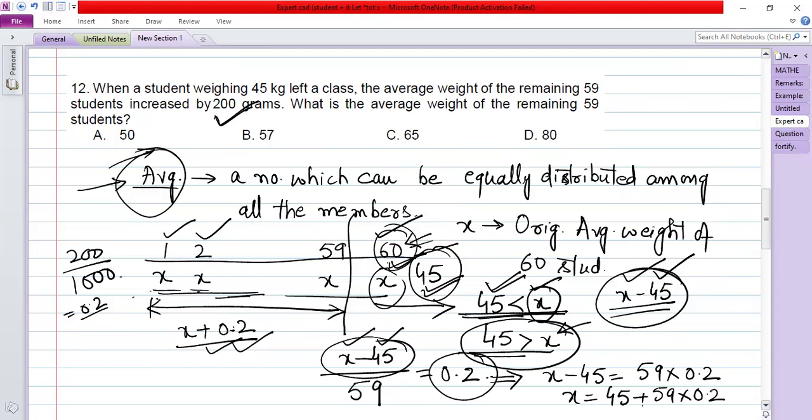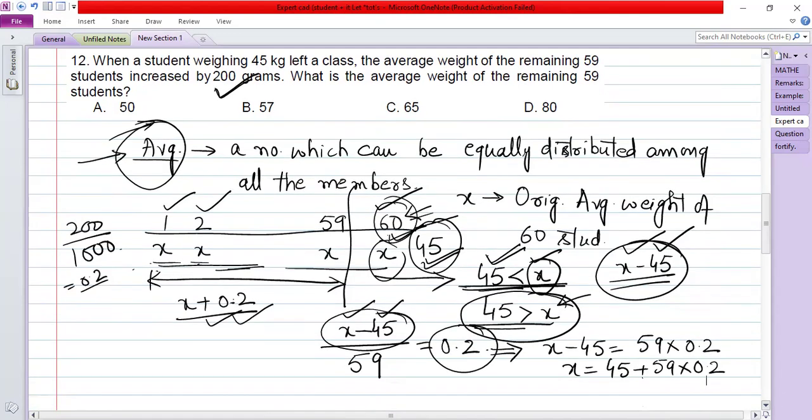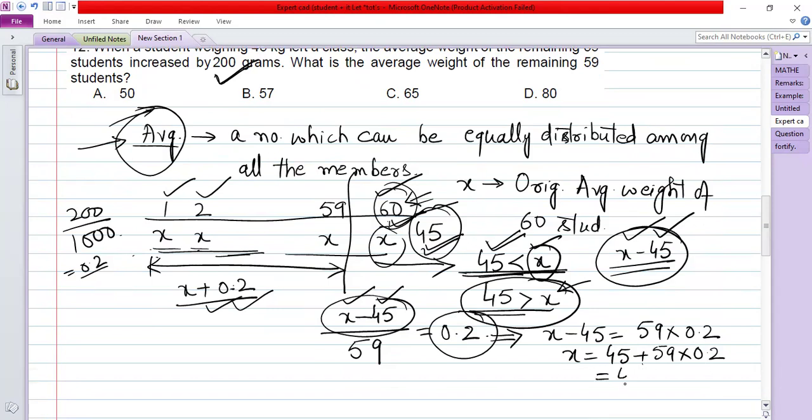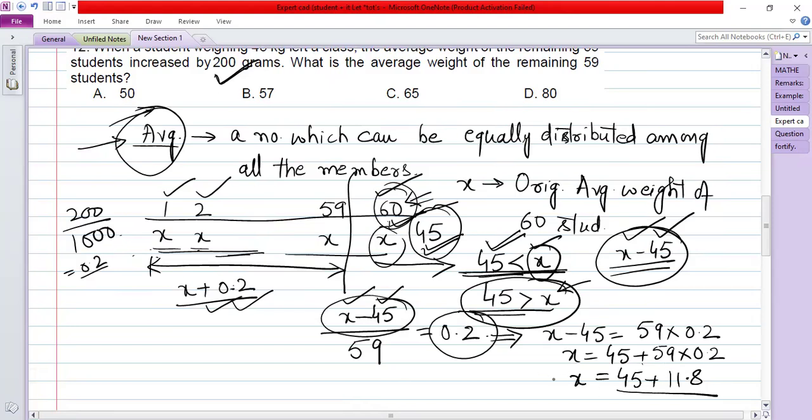Now, if one solves this, 59 into 0.2, if I'm not wrong, will be 11.8. So x will be 56.8. Okay, now this 56.8 was the original average weight of the 60 students.